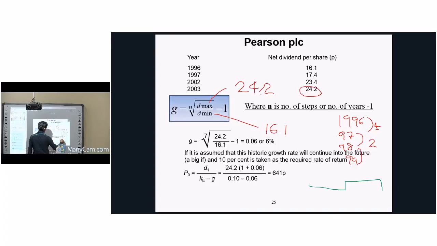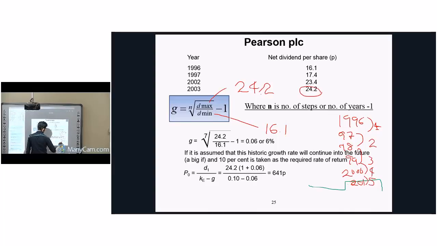For 2000, you have 4 years. 2001, you have 5 years.